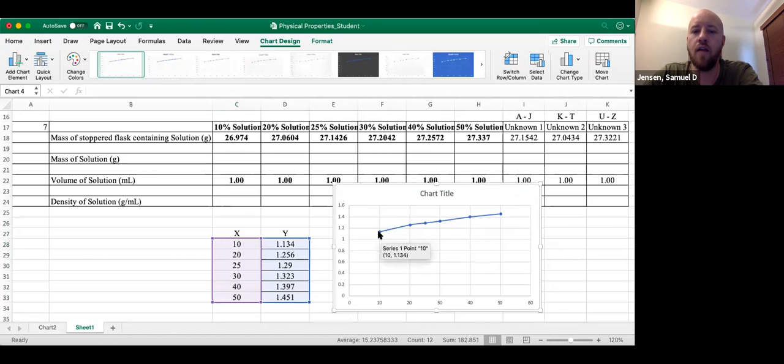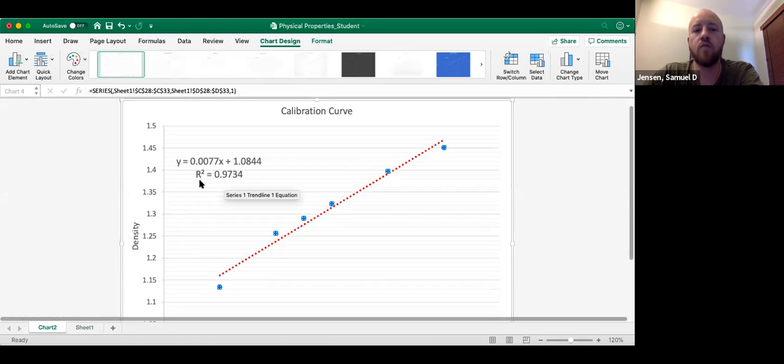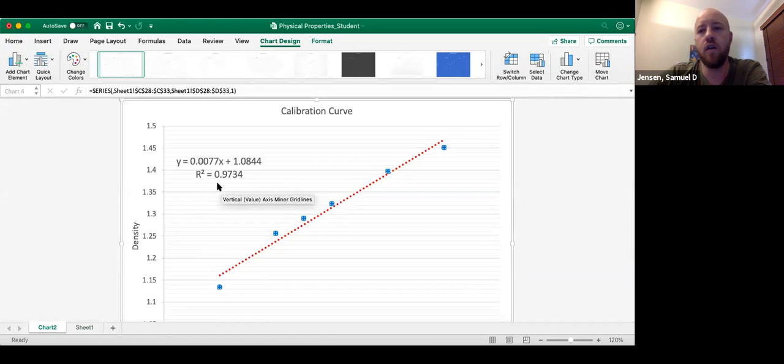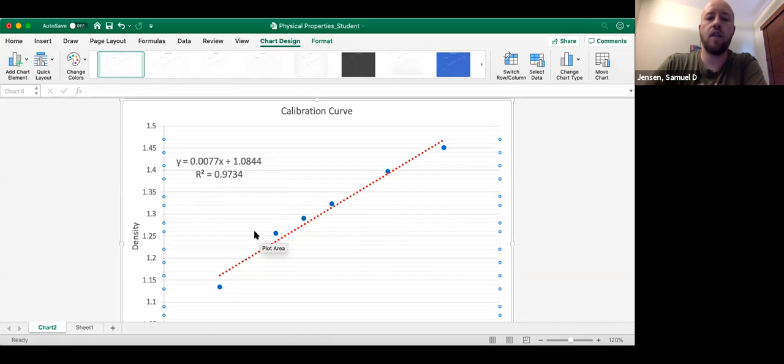The trend line fits the data to a linear fashion. Now, the more linear your data is, that's what you're going to see in this R squared value over here. The R squared value is a relationship of how linear your data is. So the closer to 1, the more linear your data is.